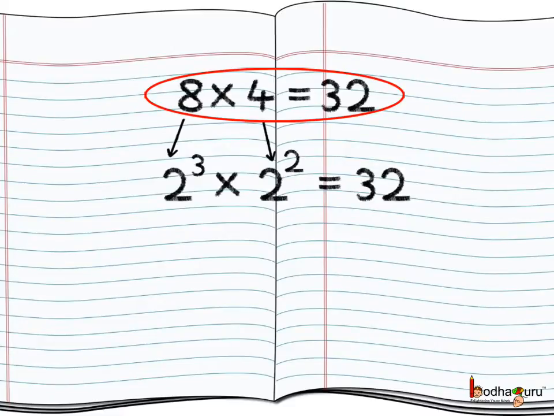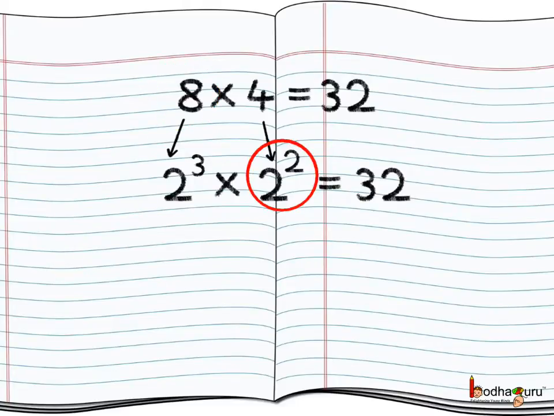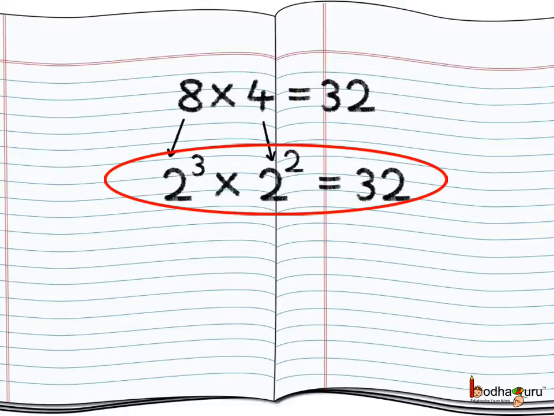We know 8 multiplied by 4 is equal to 32. Now, both 8 and 4 can be expressed in exponential form as 2 to the power 3, which is 8, and 2 to the power 2, which is 4. So, 2 to the power 3 multiplied by 2 to the power 2 is equal to 32.